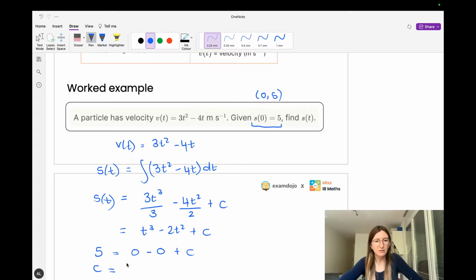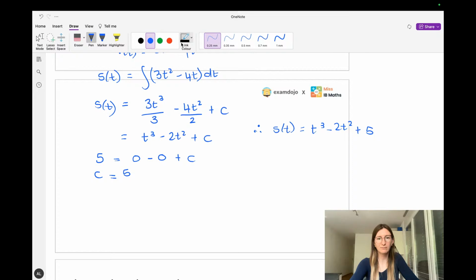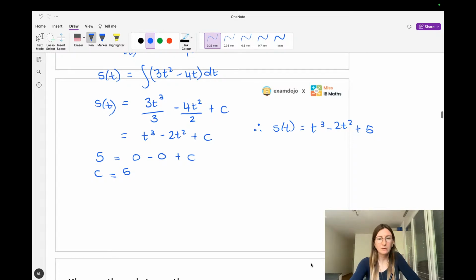So c equals 5. So we can write our lovely function now. s of t is t cubed minus 2t squared plus 5. There we go. So don't forget that plus c. I think the integrating part is easy, but people often forget to do the plus c.